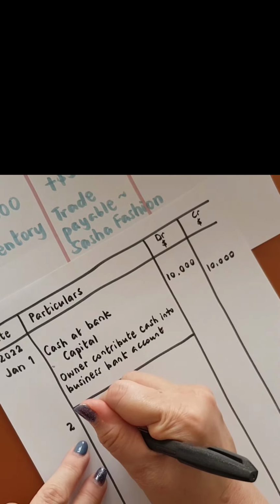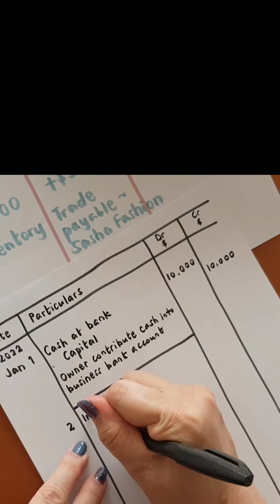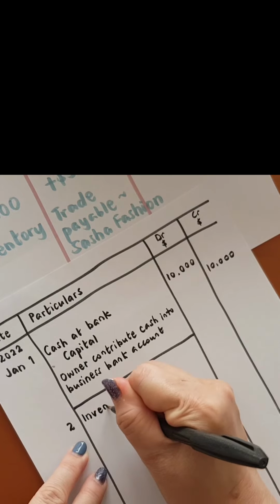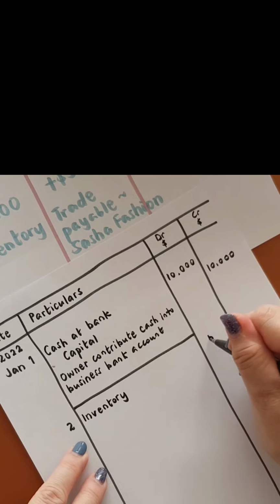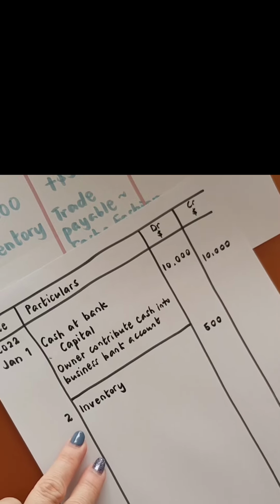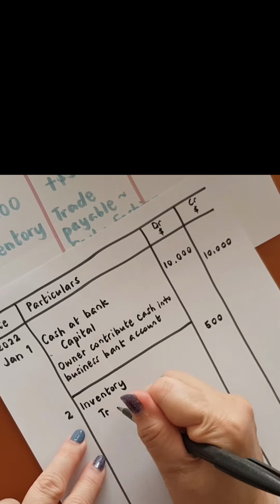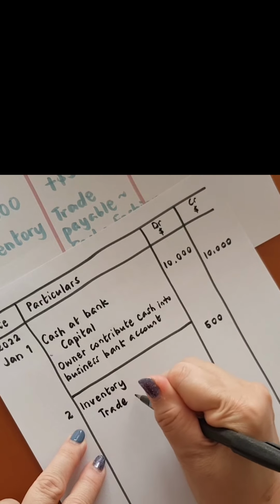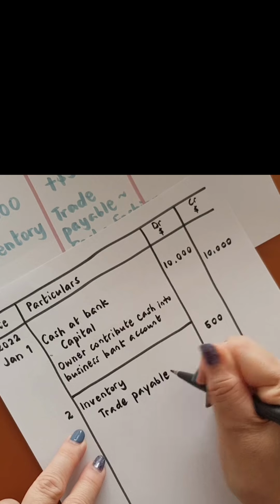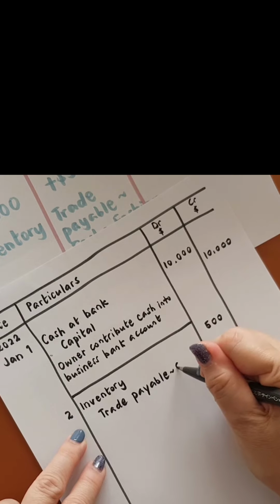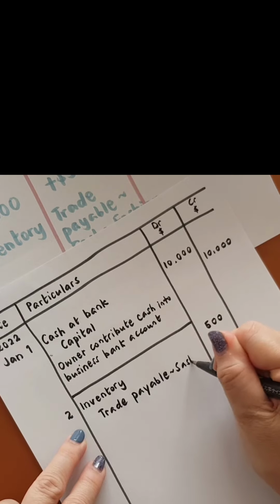So I would debit inventory, close to the line. Inventory 500 and trade payable. Make sure that you write down the company's name, which is Sasha Fashion.